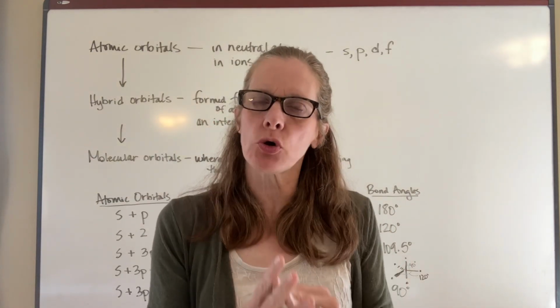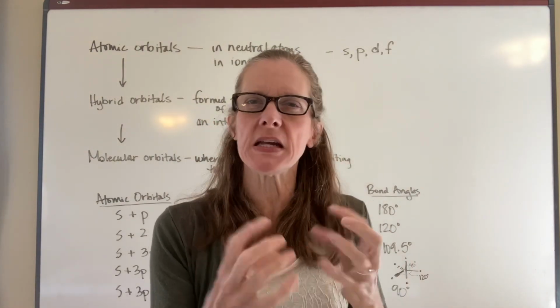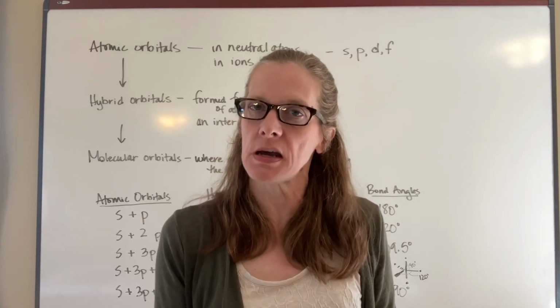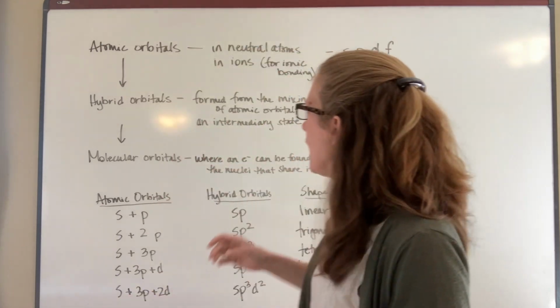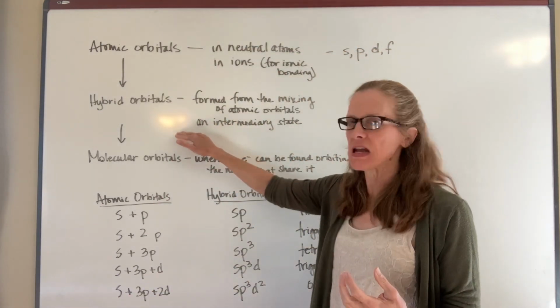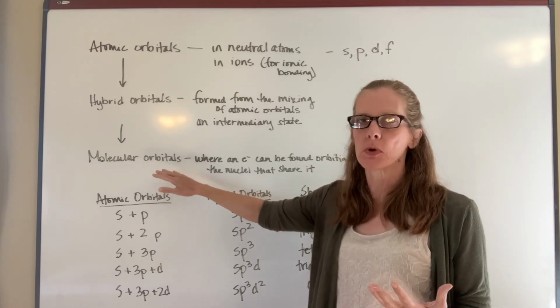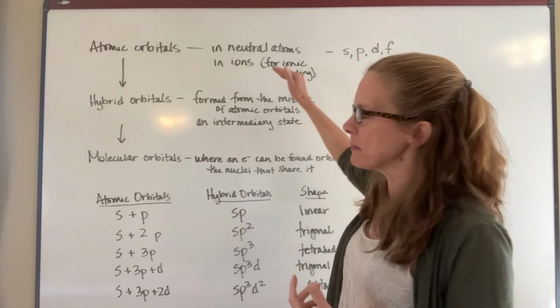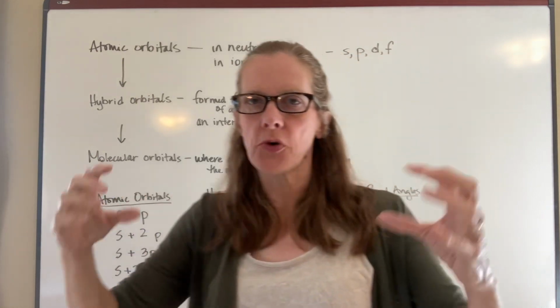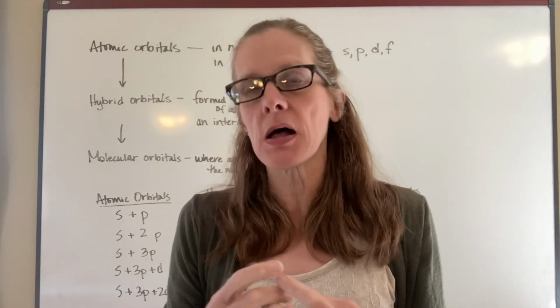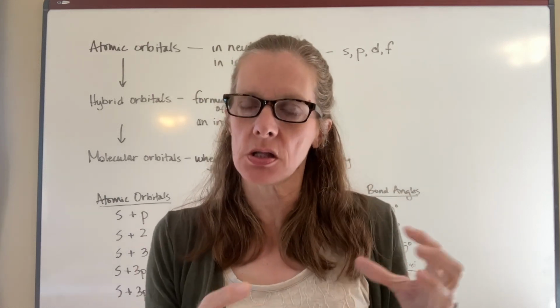These hybrid orbitals are really just an intermediary state. It's really a model to help us understand what's going on down at the atomic level. This intermediate state, these hybrid orbitals, will then overlap with one another to form molecular orbitals. Atomic orbitals and hybrid orbitals are focused around just one atom, and in order for molecules to form, they have to share the electrons.